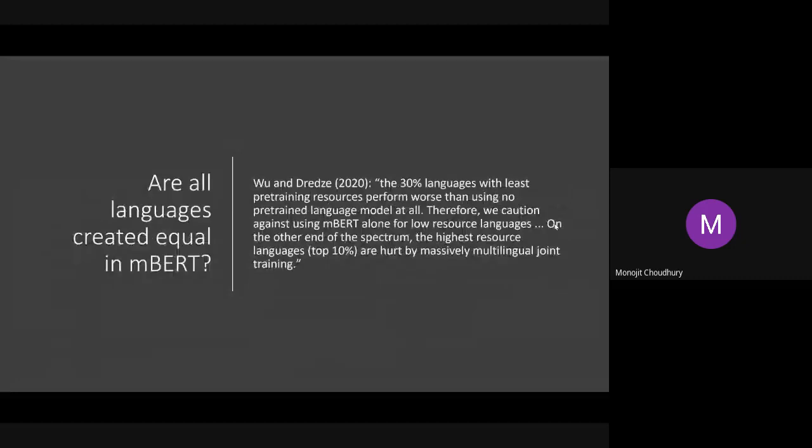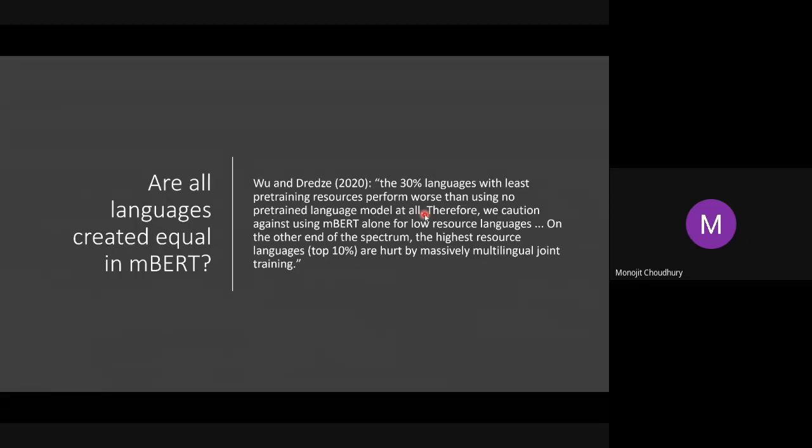Third is, we already talked about this, that all languages are not created equal in mBERT. What it means is we don't get equal accuracy of zero shot transfer across all languages. Indeed, Wu and Dredze say that the 30% of languages with the least pre-training resources perform worse than using no pre-trained language model at all. What it means is, let's say, one of the languages with very little resource is Swahili, or let's say Marathi.